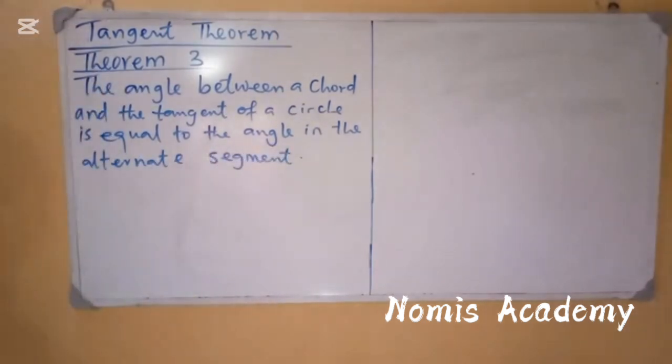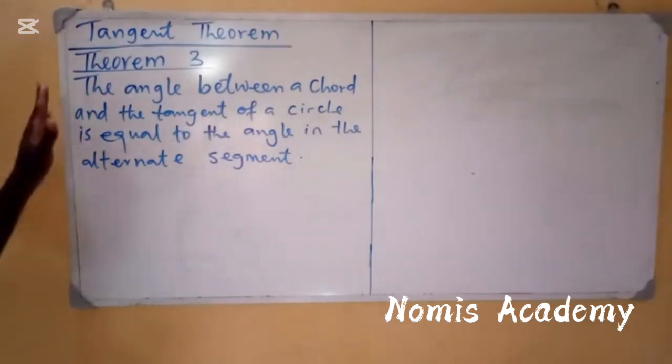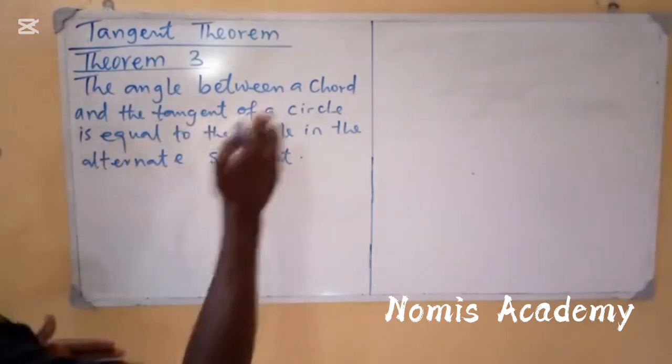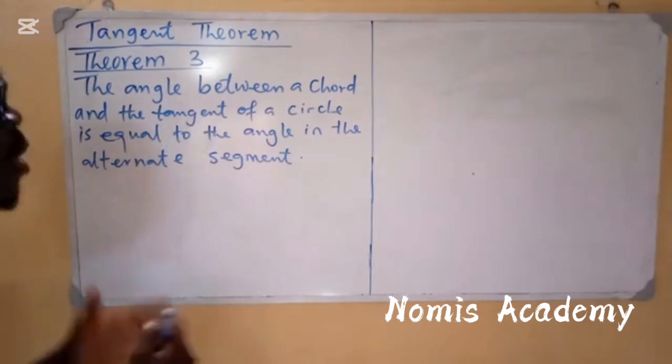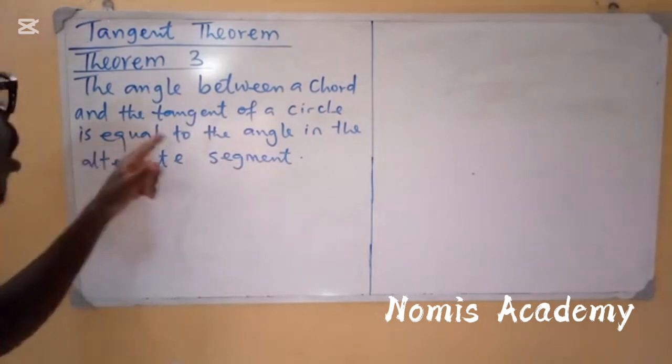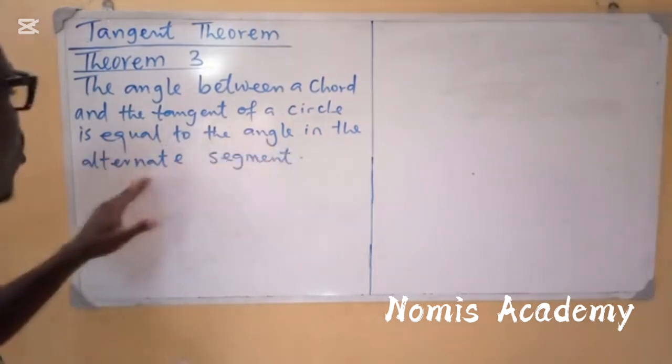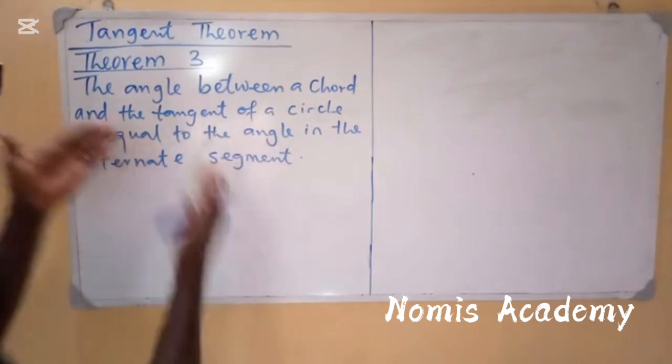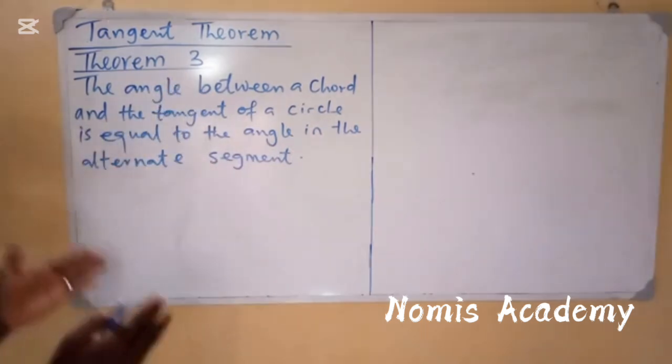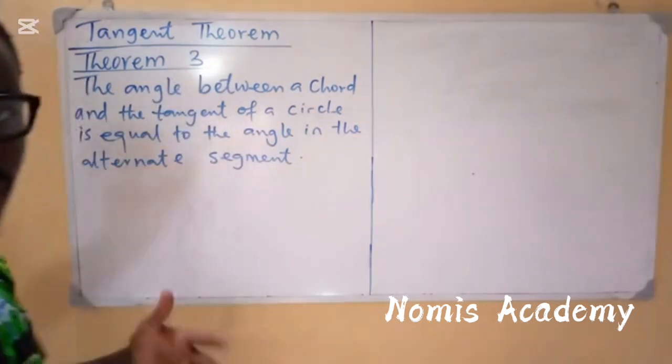Okay, so this is the theorem. It says that the angle between a chord and the tangent of a circle is equal to the angle in the alternate segments. Another name for this theorem is the alternate segment theorem.